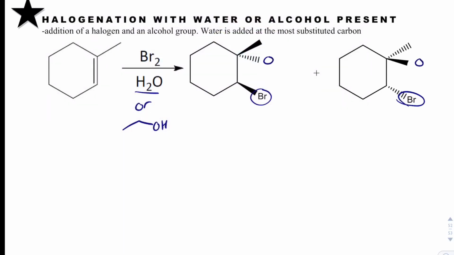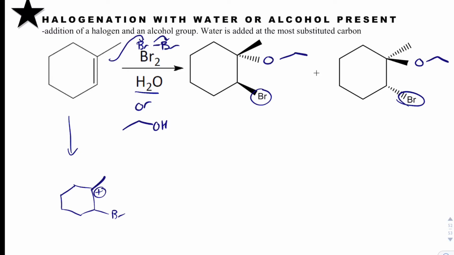So the O would be there, and it would tack along with it however many carbons there were, okay? Again, in this mechanism, we're going to get a bromine added, and then we have a flat carbocation intermediate here. And so because this is flat, our water or our alcohol group can attack from either side.